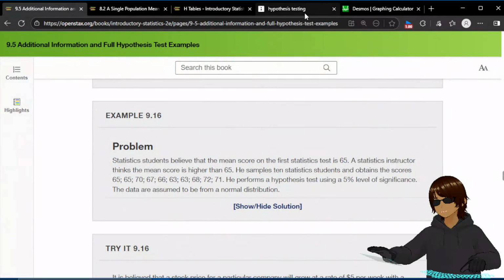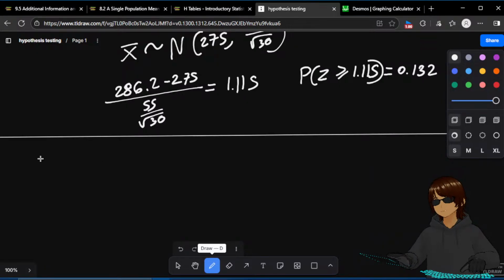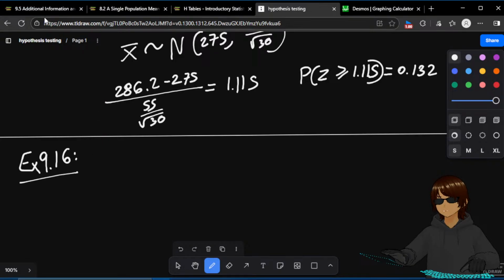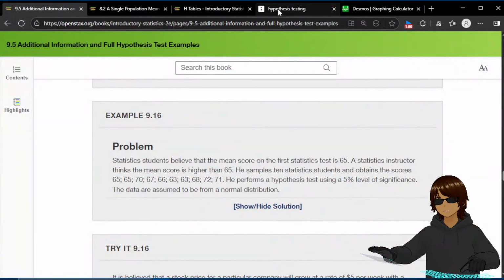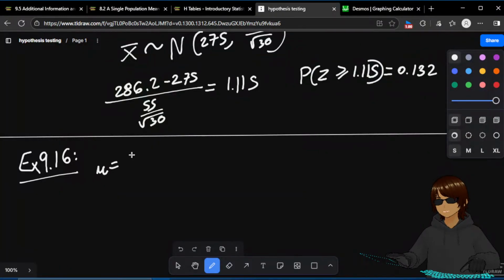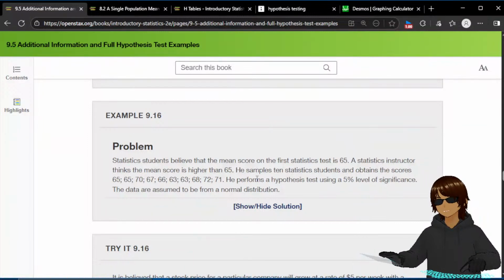Example 9.16. First statistics test. So our mu is 65. Our standard deviation is unknown. 10 students.